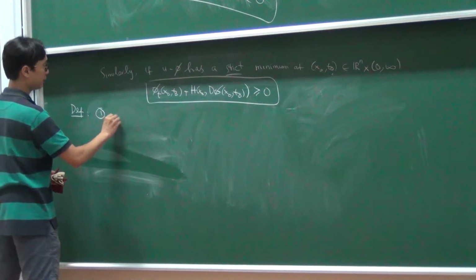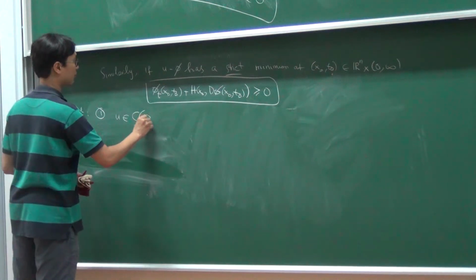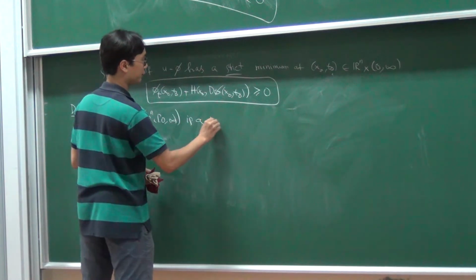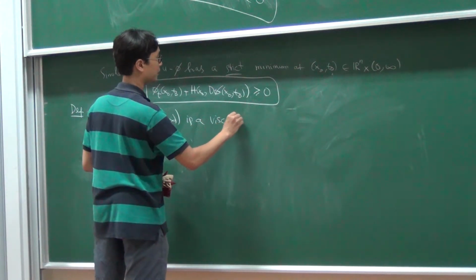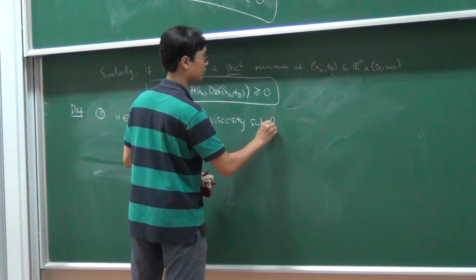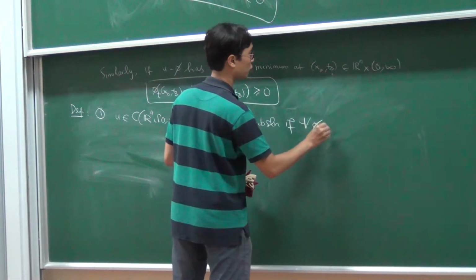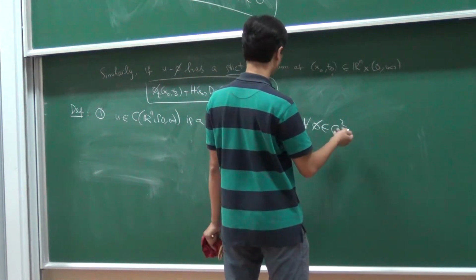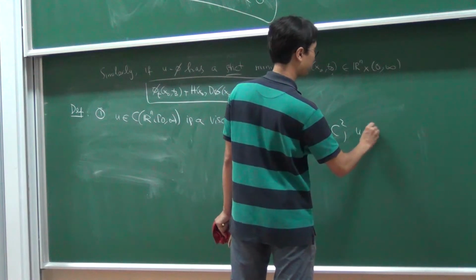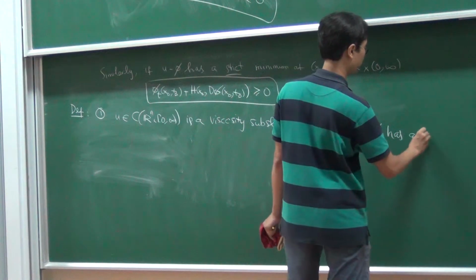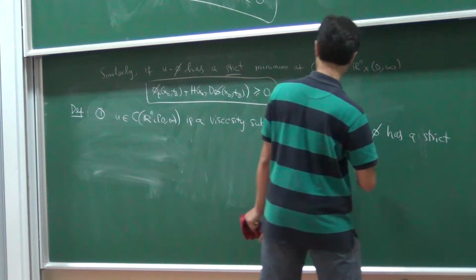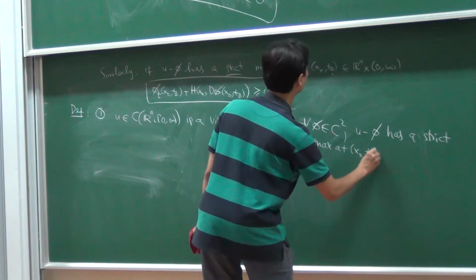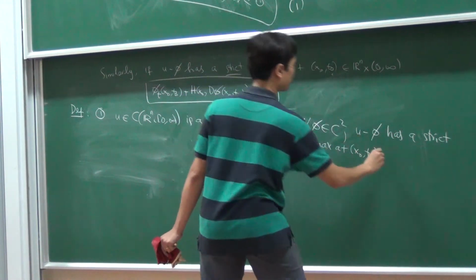Let's say u is continuous. We're also going to suppose that it's bounded, it doesn't matter. It's a viscosity subsolution if for any smooth φ, C1 is fine, if u minus φ has a strict max at (x0, t0), then inequality 1 holds.